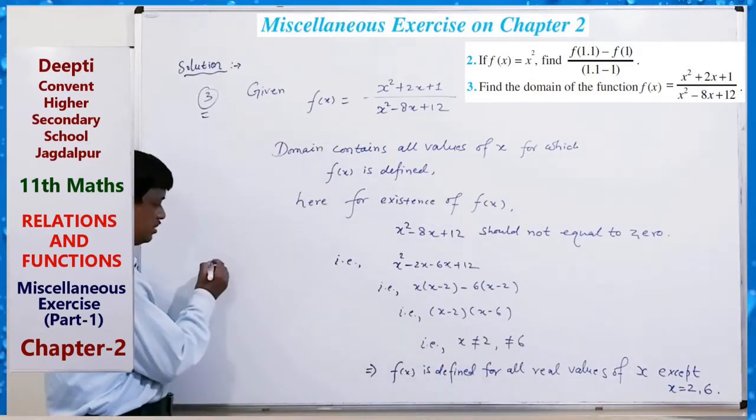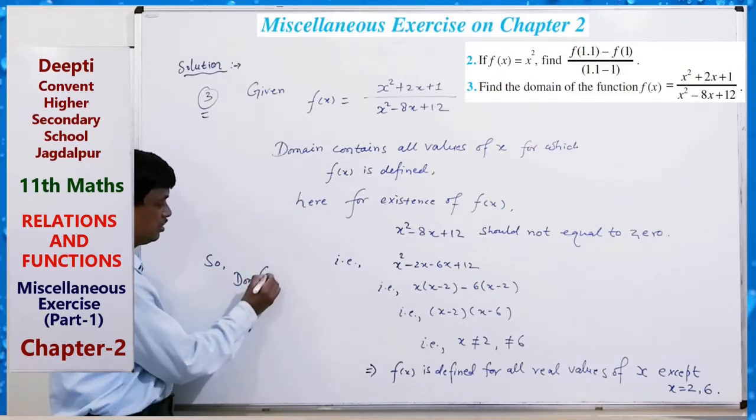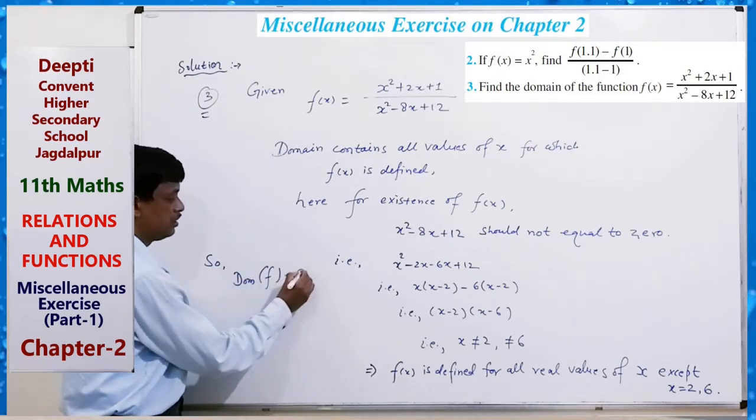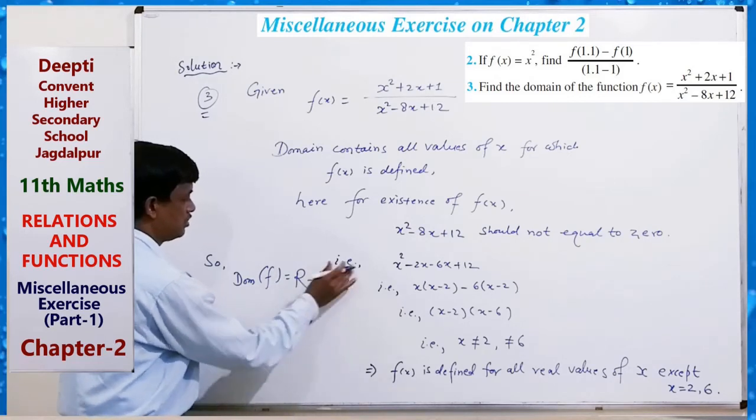That is, the domain of f is the set of real numbers minus {2, 6}.